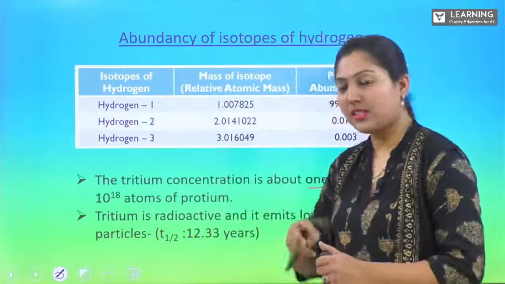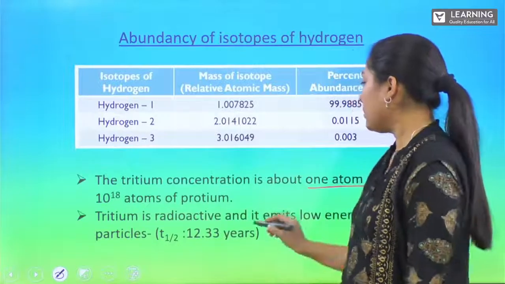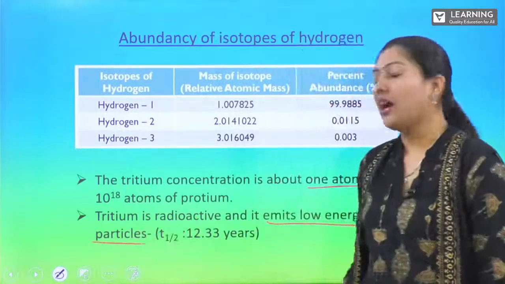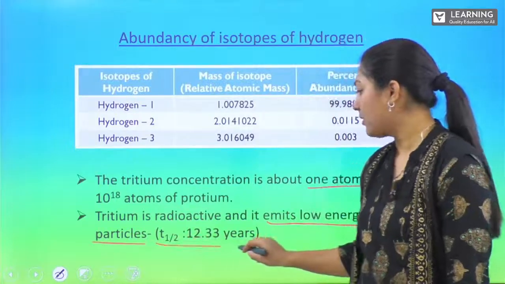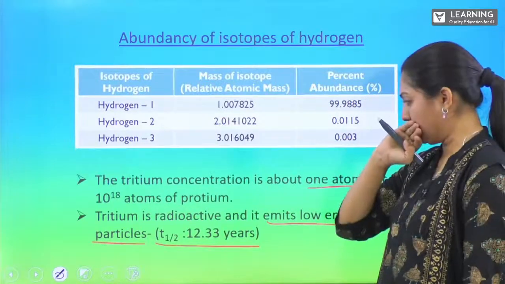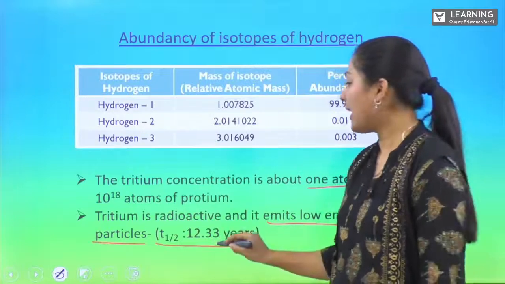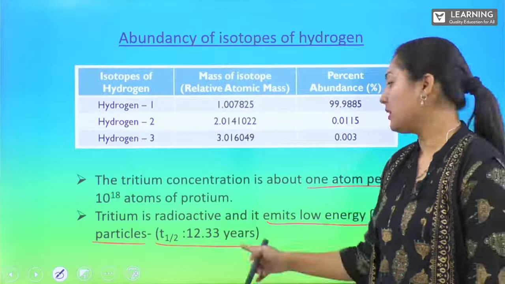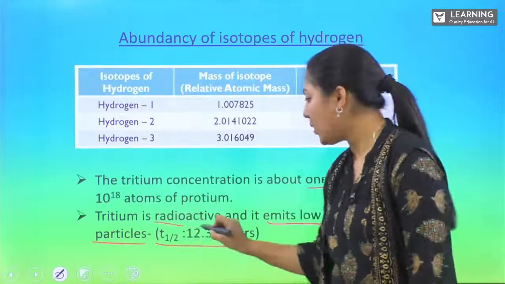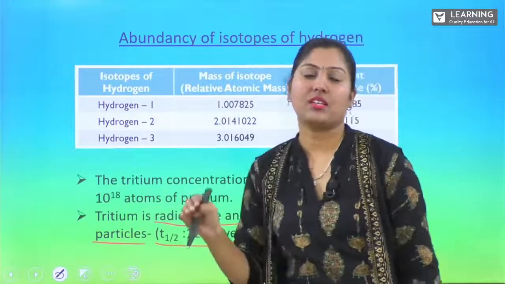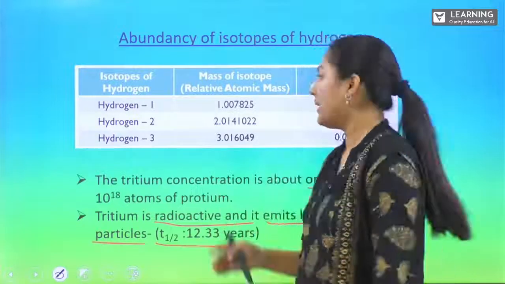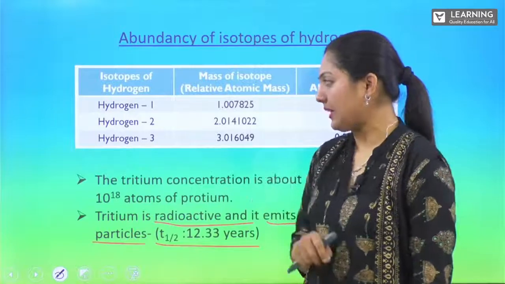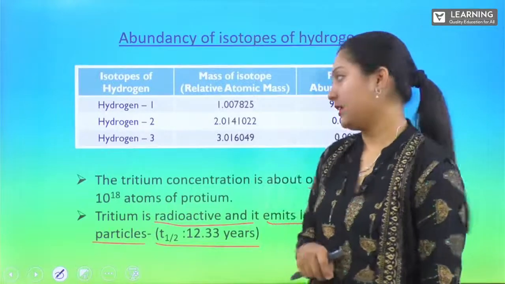Whatever is present will decay, so it emits low energy beta minus particles, and we have a half-life for tritium of 12.33 years. So this is a radioactive element and it is not stable. Tritium is mostly not stable, hence we will not get much abundancy of tritium here. Got it? Good.